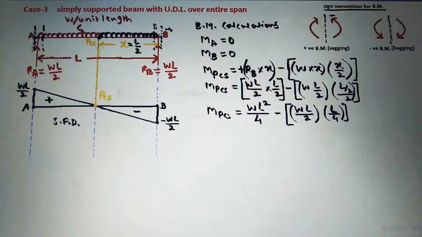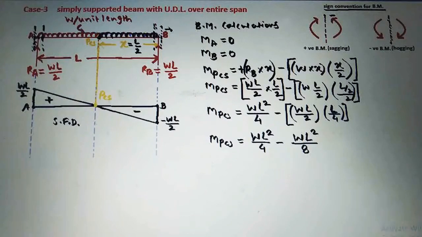Next we will write here the bending moment at point of contrast shear should be equal to WL square by 4 minus W into L, it will be L square, divided by 2 into 4, it will be 8.